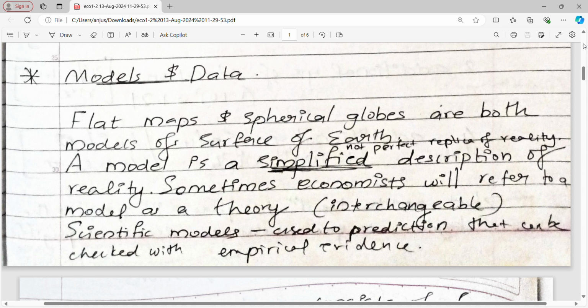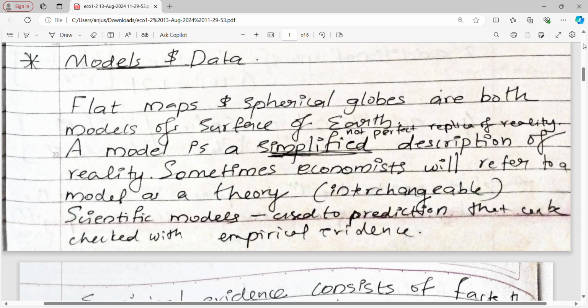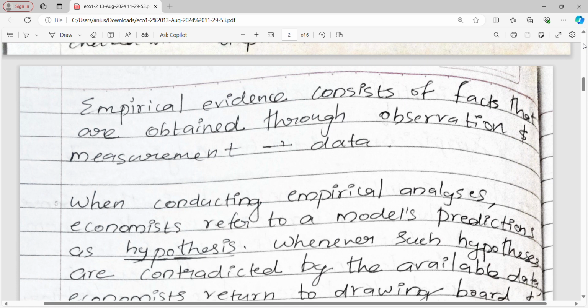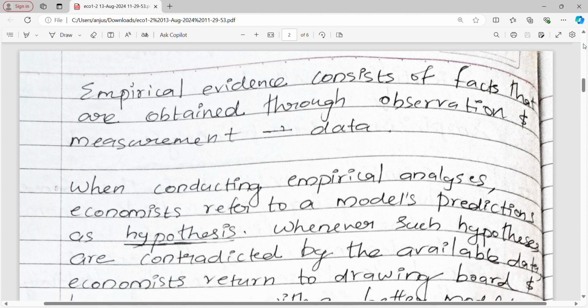Scientific models are used to make predictions that can be checked with empirical evidence, that is, evidence-based analysis or data. Empirical evidence consists of facts that are obtained through observation and measurement. That is data.